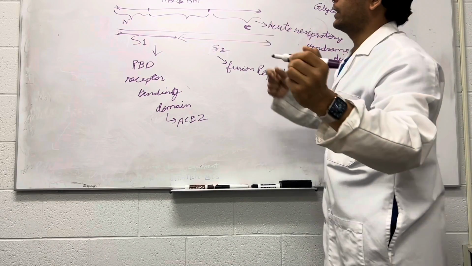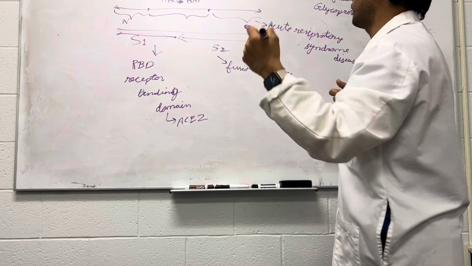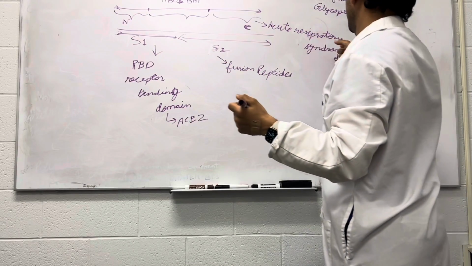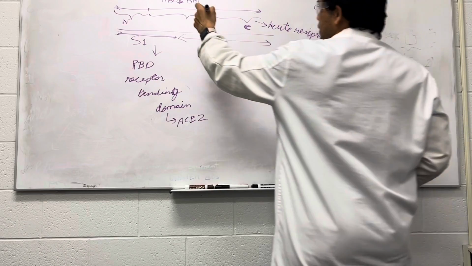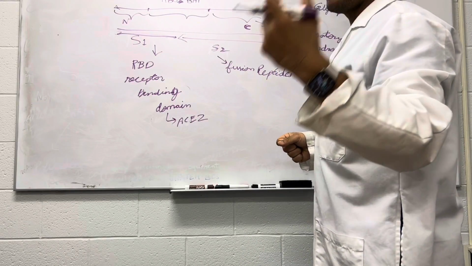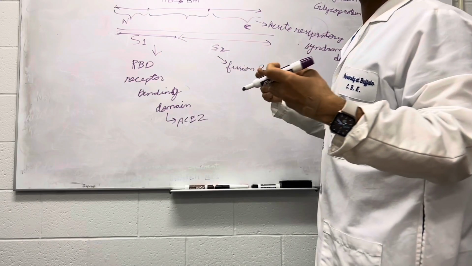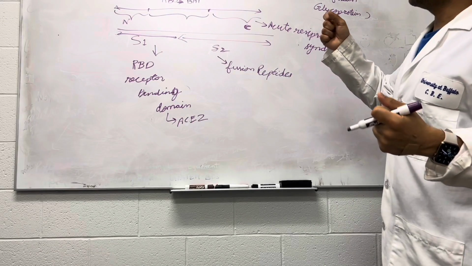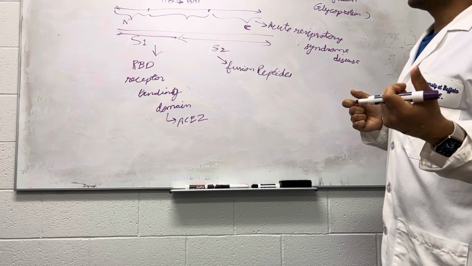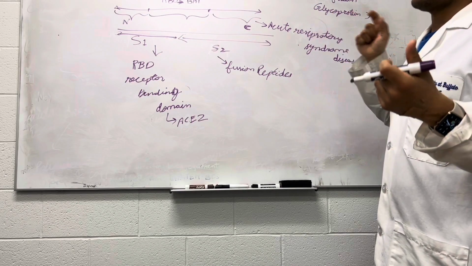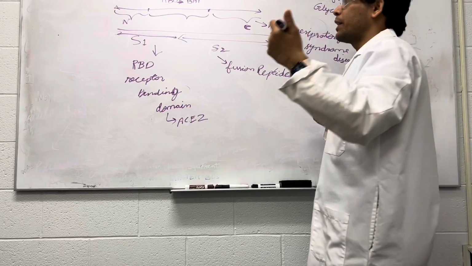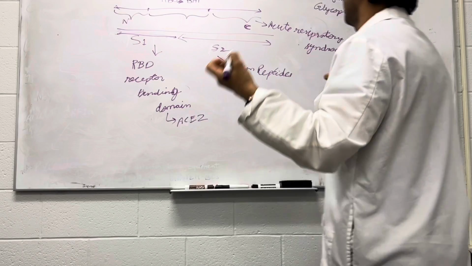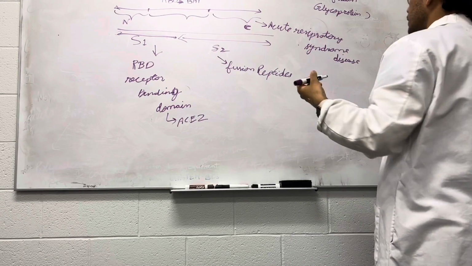So people think that with time a recombination might have occurred between the bat SARS-CoV-2 virus and the acute respiratory syndrome virus. And the bat virus is able to recognize human ACE2 receptors. So people have come to the point that this SARS-2 virus may be the result of a combination of the bat virus and the acute respiratory syndrome virus.